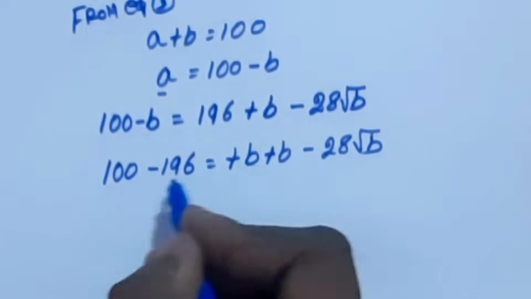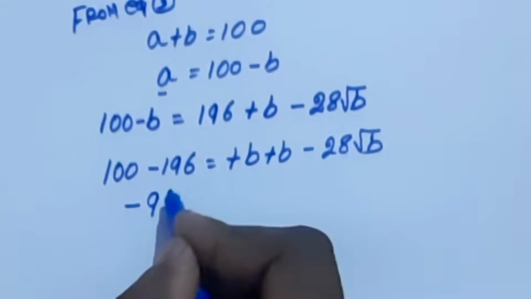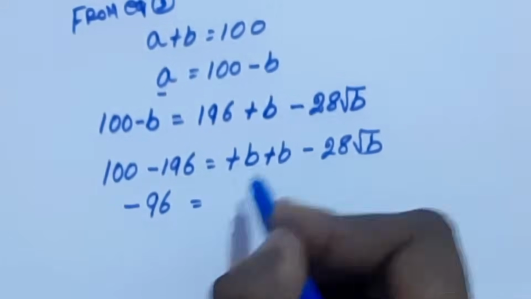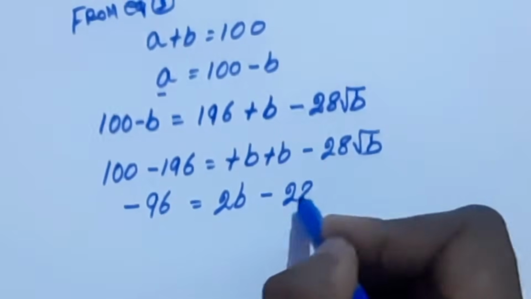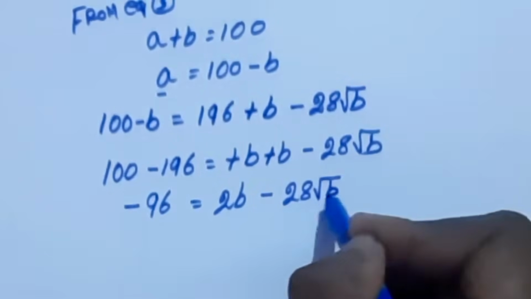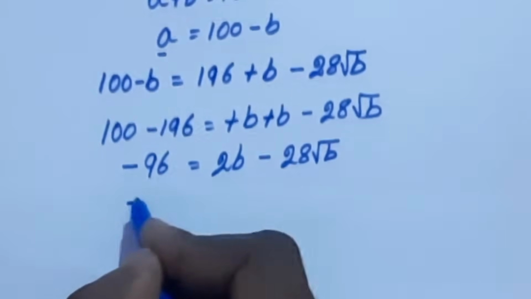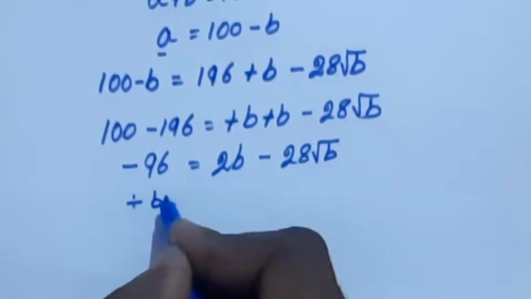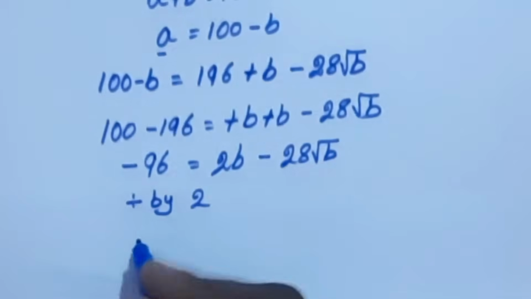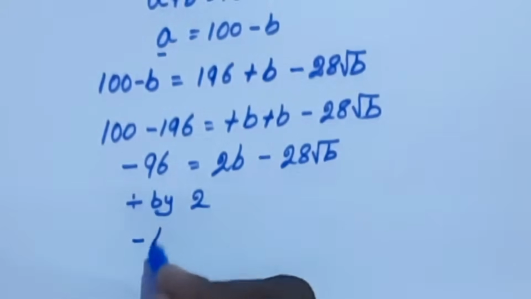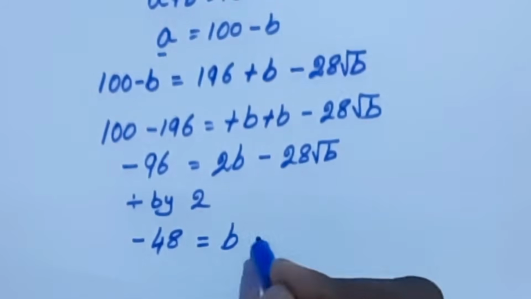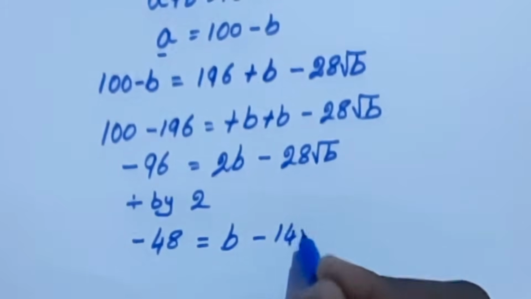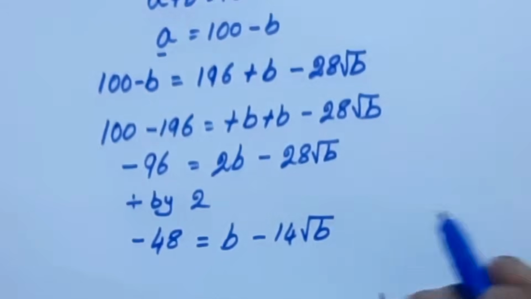Now this is minus 96 equal to this is 2b minus 28 square root of b. Now divide by 2 on both sides. Here minus 48 equal to b minus 14 square root of b.